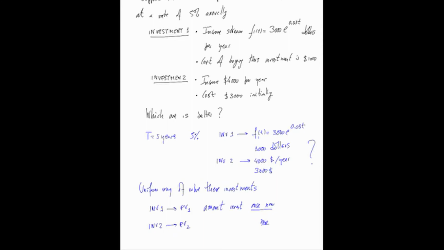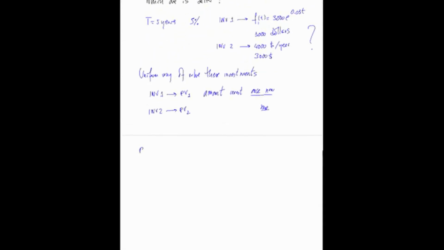Okay, so let's see. First, present value 1. We'll have to do a little bit here, but anyway, let's go for it. Present value 1 is equal to the integral. Remember, the present value of an investment is the integral between 0 and the total time of the investment stream of e to the minus the rate times t dt.